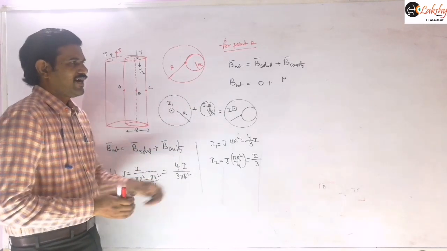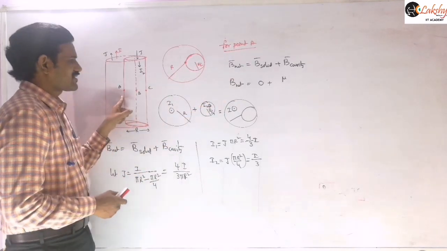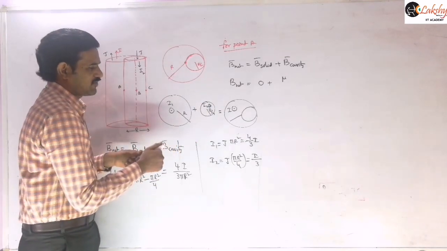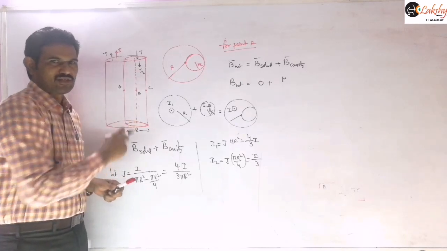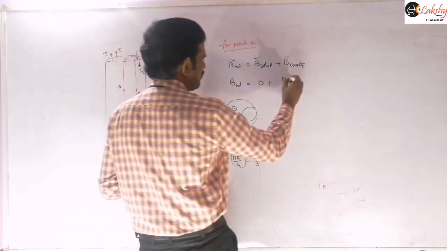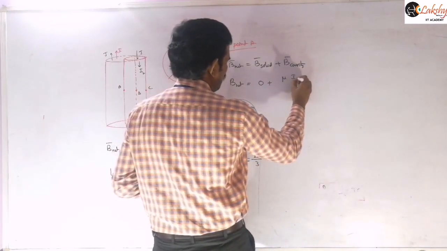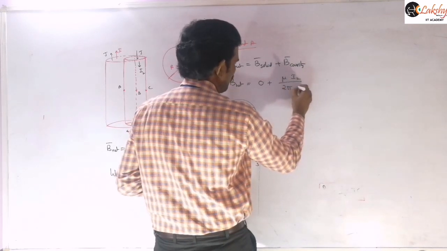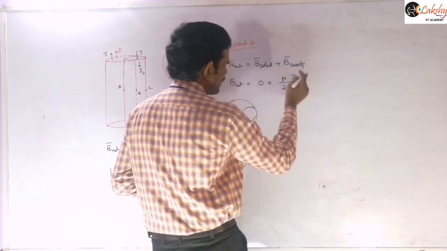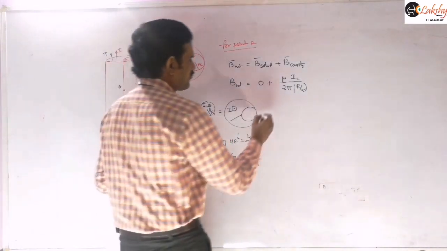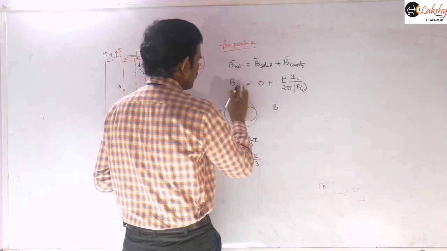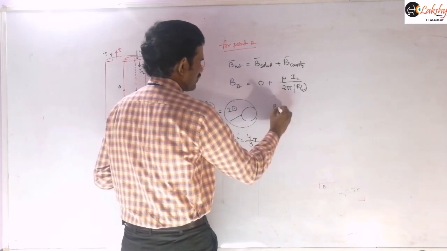Now our point A lies on the surface of this cavity here. Our point A actually lies here on the surface of this cavity. So on the surface of the cavity, you can write this expression as mu naught I2 by 2 pi r, where r is nothing but the radius of that cylinder, which is r by 2. So now you can substitute this value, I am representing it with A here, so we can identify that easily.